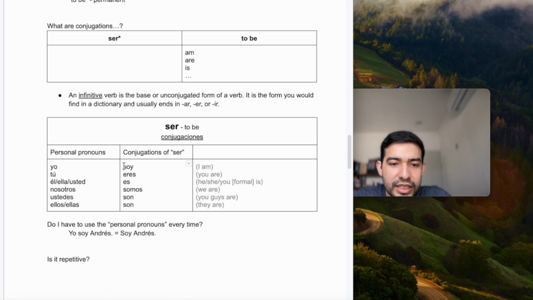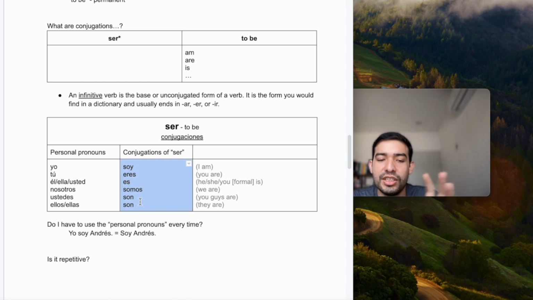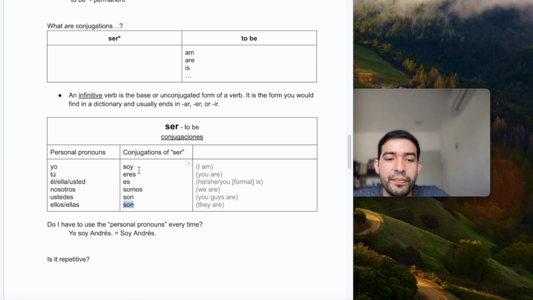As you can see, if we look at the conjugations of ser, which means the changes, the different forms of ser, all of them are different, except for the forms of ustedes and ellos, which are the same, right? So we can immediately know that, well, if it's soy, it's only referring to yo, right?